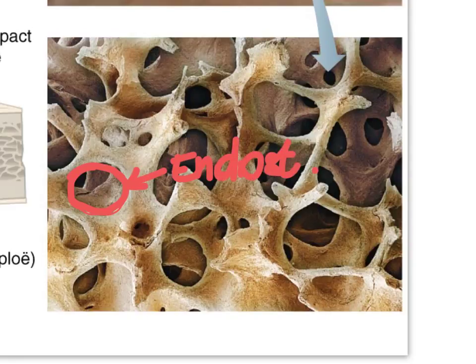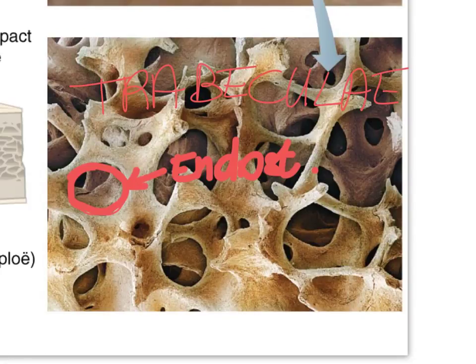Now, what makes the openings is the trabeculae. The trabeculae are all of these struts. All of these beams or struts, whatever you want to call them, the hard part of the spongy bone tissue, we call trabeculae. And I'll spell that for you. Trabeculae. Can you guys read that?